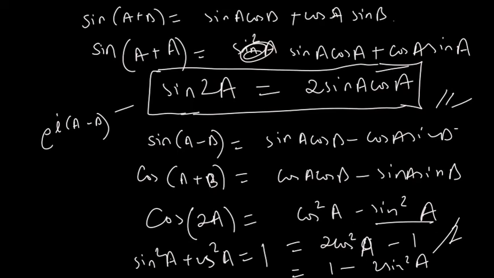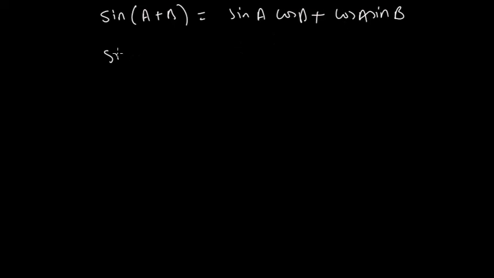Again, we have another formula: sin(a plus b) is equal to sin a cos b plus cos a sin b, right? Now if I want to find sin(90 plus theta) or sin(90 minus theta), this is a, this is b, so a is 90 and b is theta.